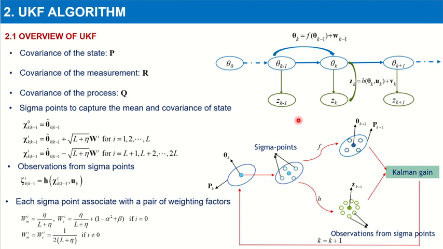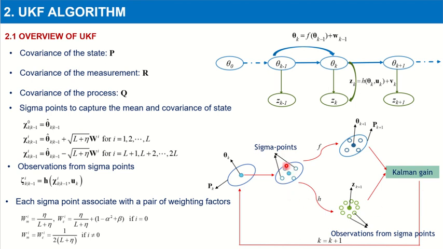Sigma points are set so that they can approximate the distribution of the state, and these points are chosen in a specific way to capture the mean and the covariance of the distribution. Sigma points will be symmetrically and elliptically distributed around the mean, which is theta.